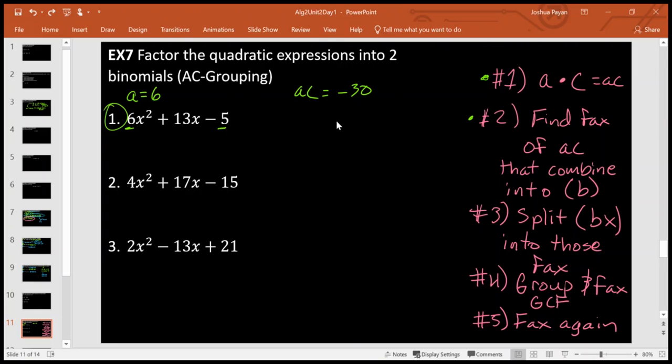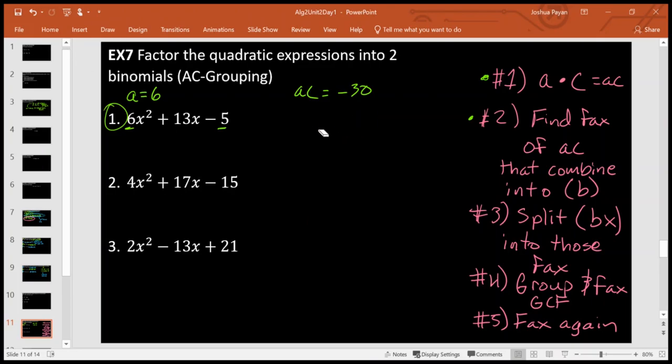Right, so we can try a few numbers. So 6 times negative 5. Well, that's obviously not going to work, right? 6 times negative 5 does give me negative 30, but it's not going to combine to give me positive 13. Okay, what about 10 and 3? 10 times 3. Well, one of these has to be negative. So if I say negative 10 and 3, well, that's going to give me a 7. Positive 10 and negative 3 is also just going to give me a 7.